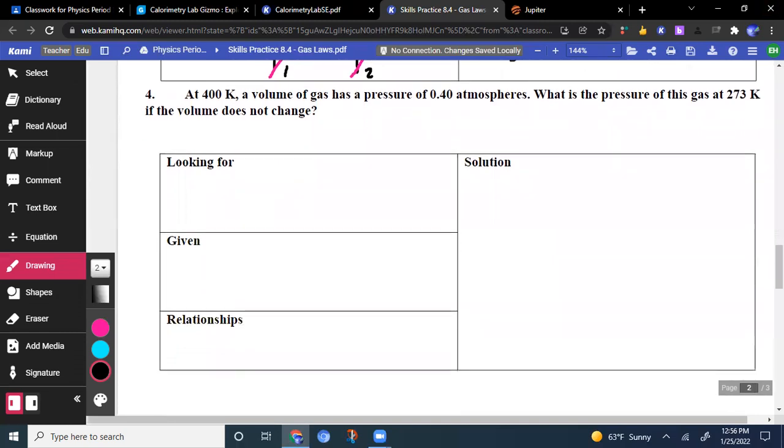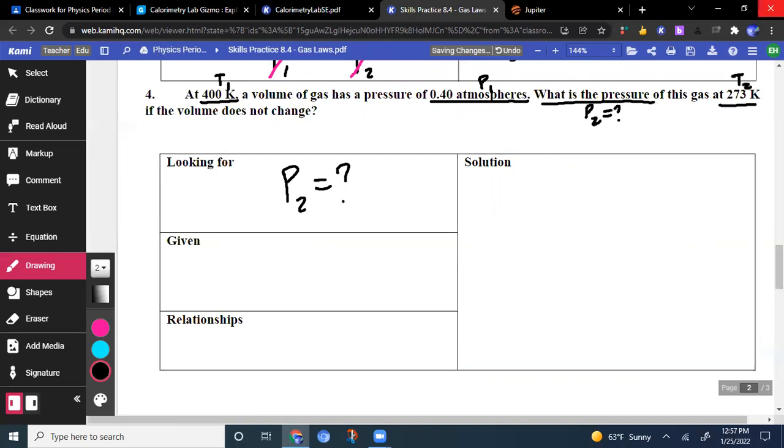Number 4, at 400 Kelvin, that would be temperature 1, the volume of gas has a pressure of 0.40 atmospheres. That would be pressure 1. What is the pressure? That would be P2. P2 is the question mark, at 273 Kelvin. So that would be temperature 2, if the volume does not change.